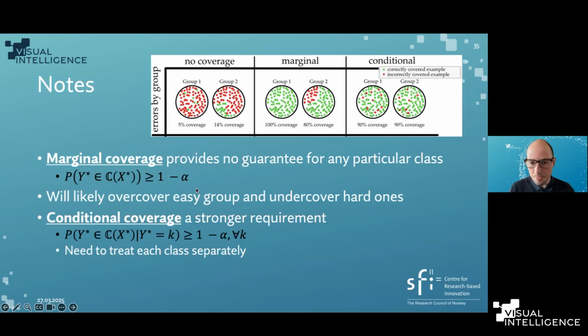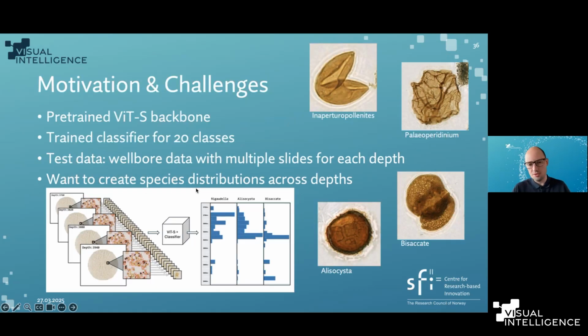Yeah, so that was an example of using conformal prediction. Now I'm going to go back to our data. So from before, we used self-supervised learning to pre-train a small vision transformer to use as a foundation model, so to speak. And we also have this additional 20 classes, which we use to train a linear classifier on top of the vision transformer.